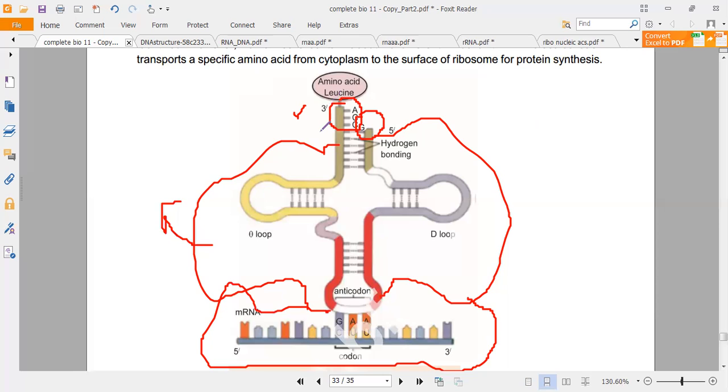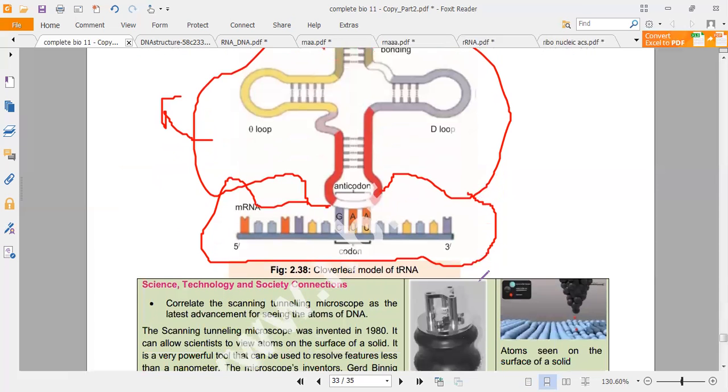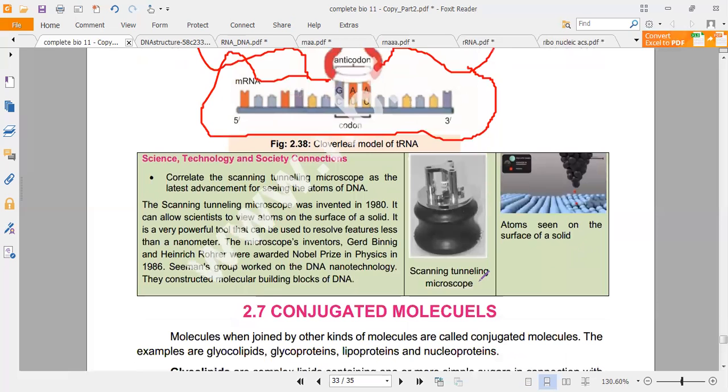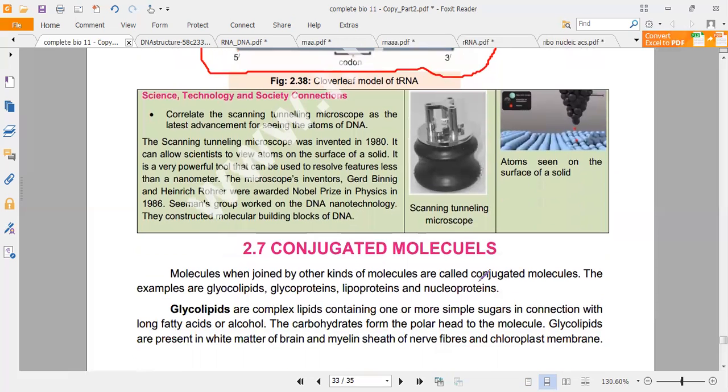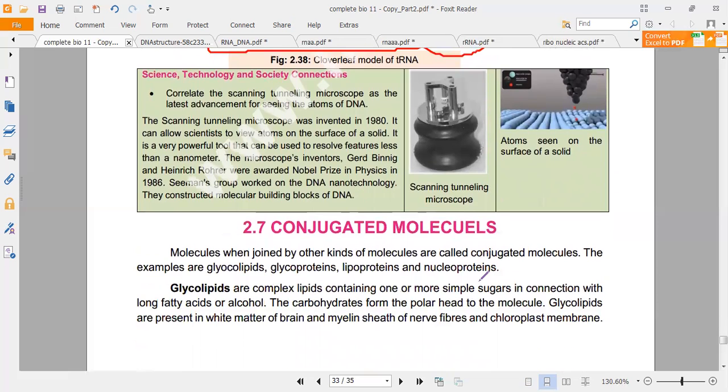Different transfer RNAs carry different amino acids. There are almost 20 amino acids found in proteins. So this helps in the translation of the message completely into the proteins.